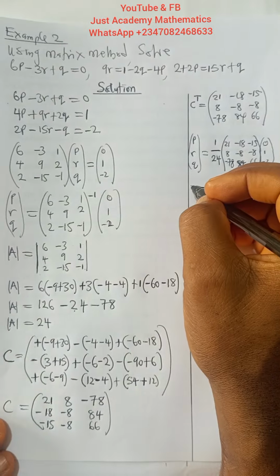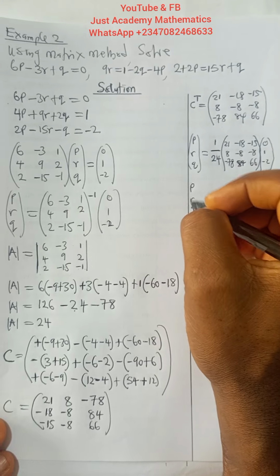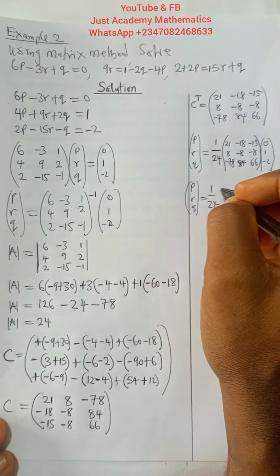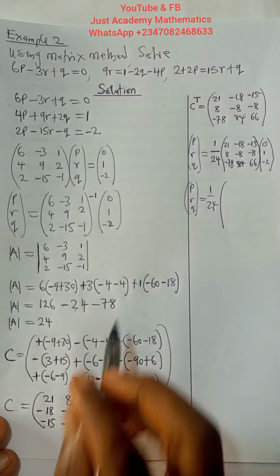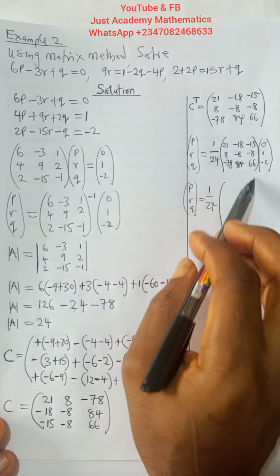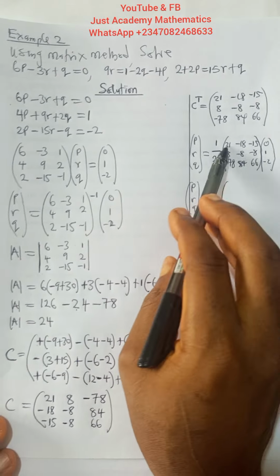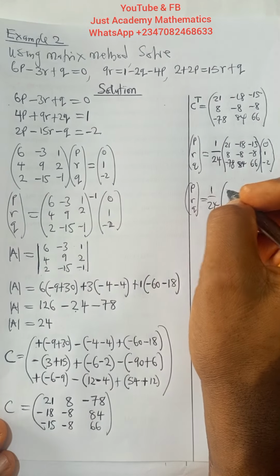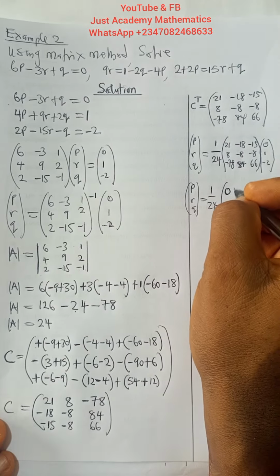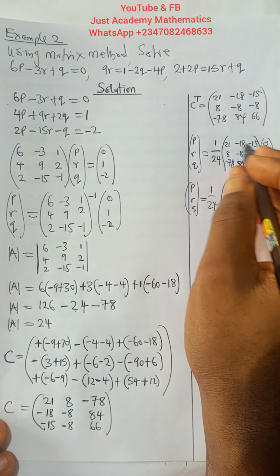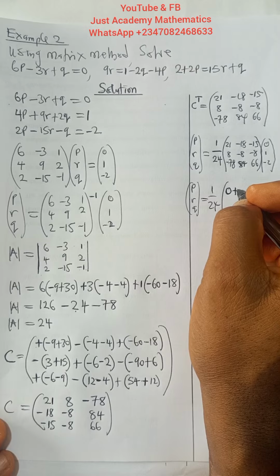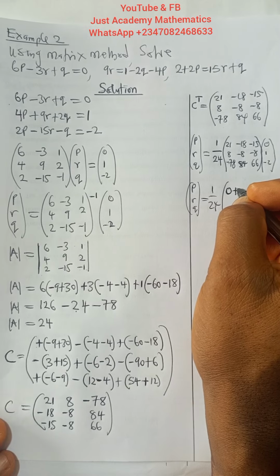So let's go. PRQ is now equal to 1 over 24 bracket. Let's go. Row times column. 21 times 0 will give us 0. Plus minus 18.